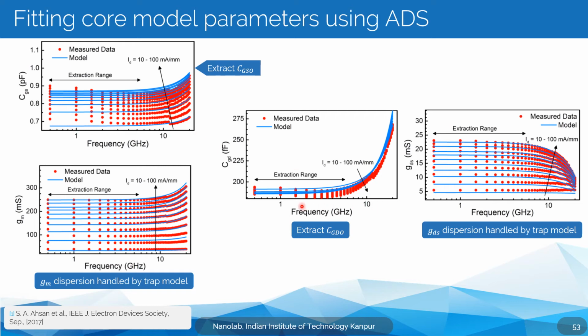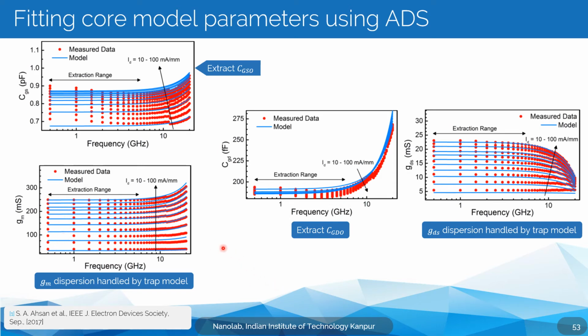It's a very simple step. Again, for GM and GDS, it's just validation. There's not much you can do here; it should automatically overlap with the measured results as long as you have extracted the DC properly.